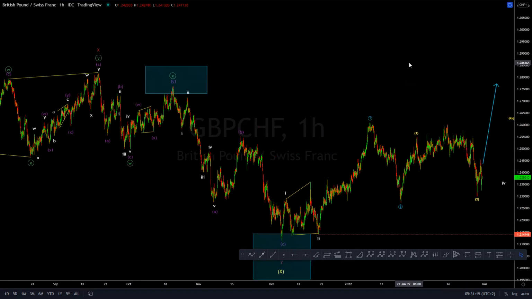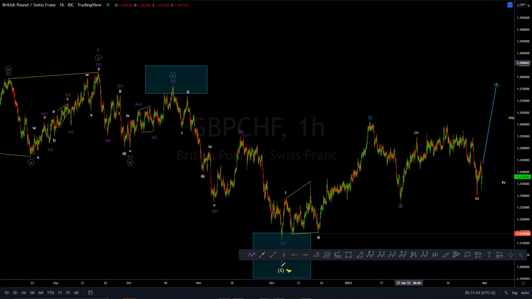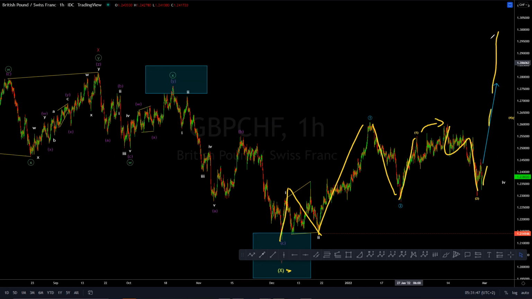So in line with what I've just presented, proposing that X may be completed there, one may say this is a 1 in a lower degree, in this case a white degree, 2 in white, and that becomes a 1 in an even lower degree, blue in this case, and 2 in blue as well. And then this could become 1 in yellow. One may also place it there, and this becomes 2 in yellow, and we're looking for more upside.